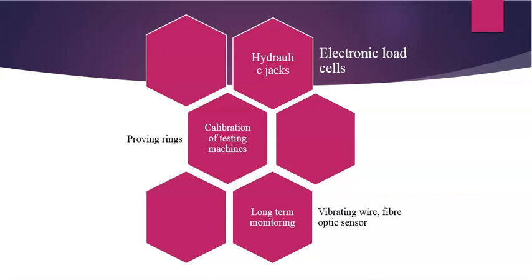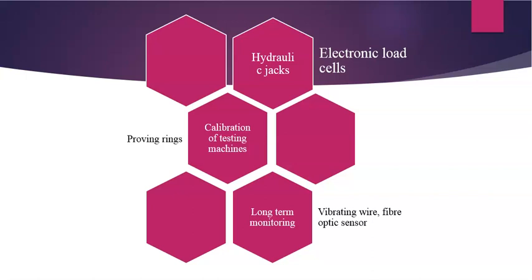Next one is proving rings. A proving ring is an elastic ring in which the deflection of the ring when loaded along a diameter is measured by means of a micrometer screw and vibrating reed mounted diametrically in the ring.